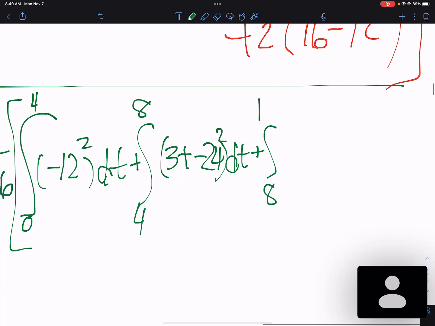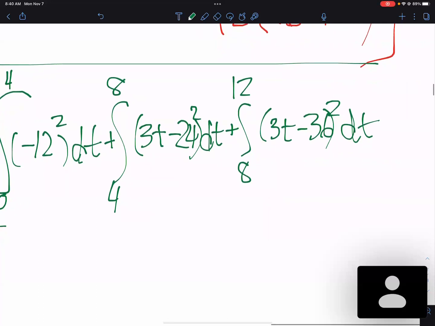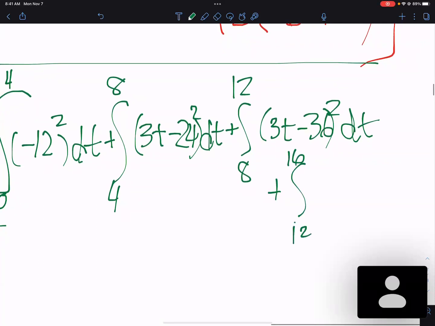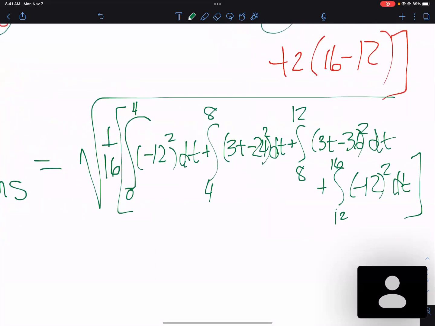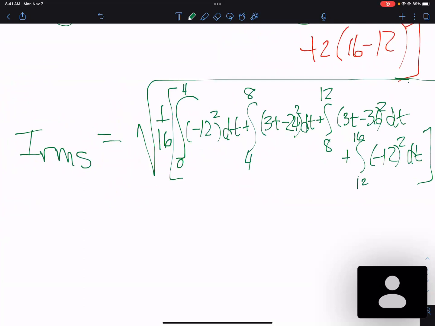And then 8 to 12, 3t minus 36 squared dt. And then plus 12 to 16, minus 12 squared dt. And then this ends up giving us 9.8 amps.